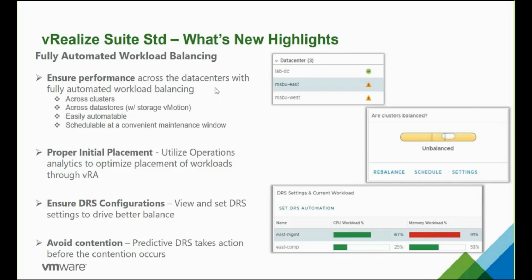Now, with 6.5, which was the last release of vROps, and 6.6, we have a feature which can tell DRS that instead of waiting for that contention to happen, which is actually already a problem, you can predictively move a virtual machine to a different host within a cluster by using the recommendations from vROps, which are given through the predictive analysis engine, and that feature is called PDRS, which is predictive DRS.